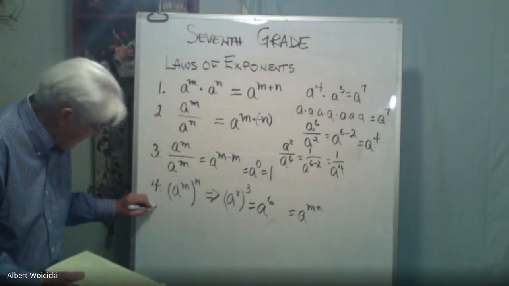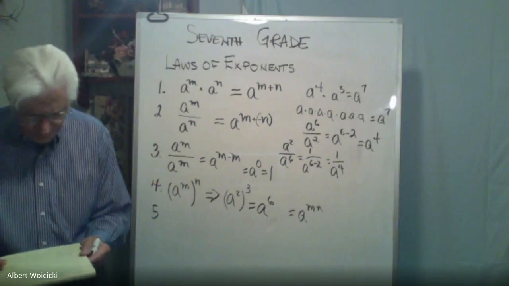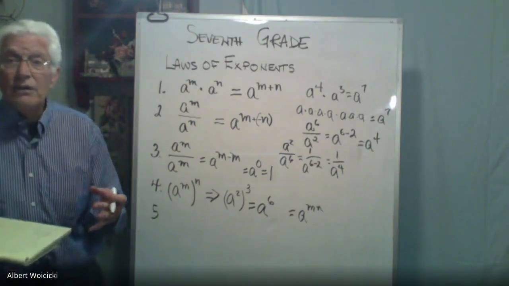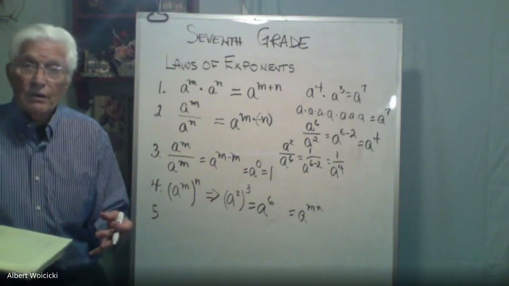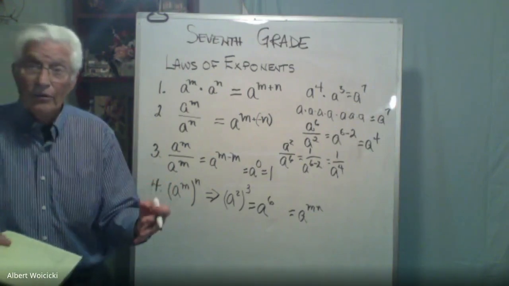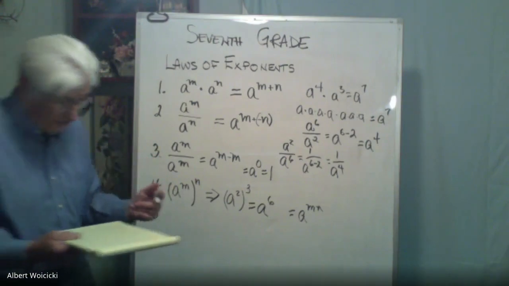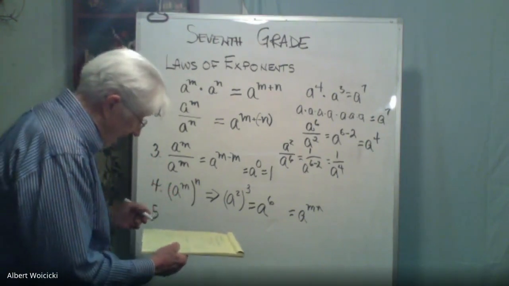Number 5. If I have a fraction that has an exponent, and I'm raising it to a power, then we've got more things to do. So we're going to do that right now.